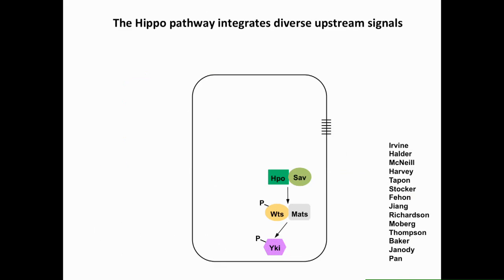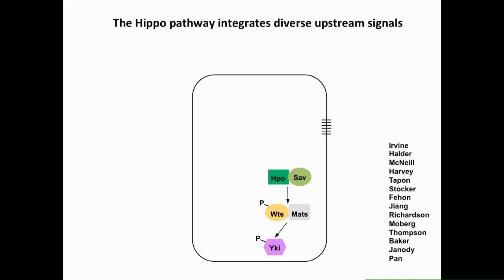Studies in the last few years from many labs have now uncovered this general principle in which the Hippo kinase cascade from Hippo all the way to the transcription factor really functions as a fixed biochemical module. And this biochemical module can be regulated by multiple upstream inputs.